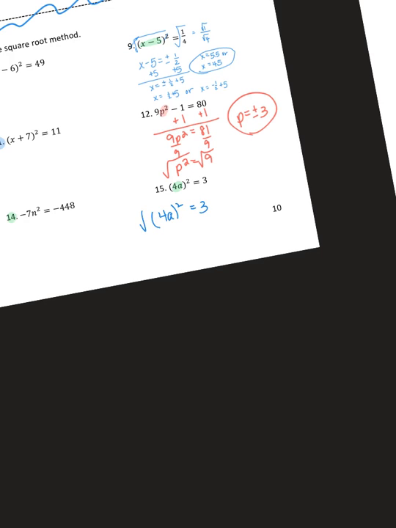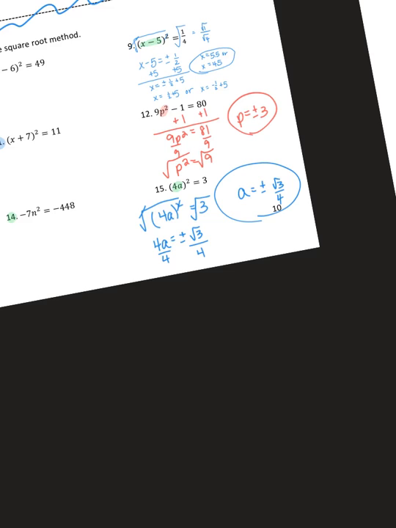And so we're ready to take the square root because there's nothing to move. All right, when we take the square root of a square, they undo one another, and we're left with 4a equals plus or minus root 3. And then to solve for a, we need to divide both sides by 4. And so a is equal to plus or minus root 3 over 4.